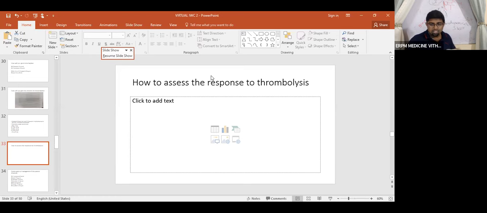Clear? Third thing, guys. Look here. The ST segment is elevated in STEMI.